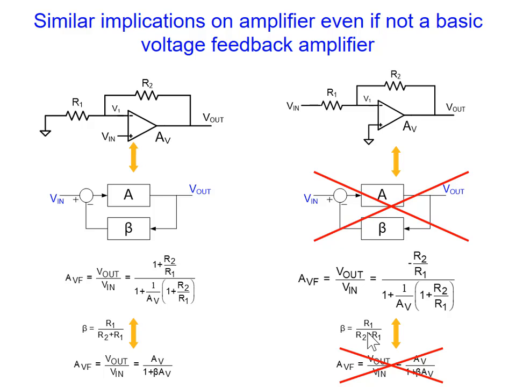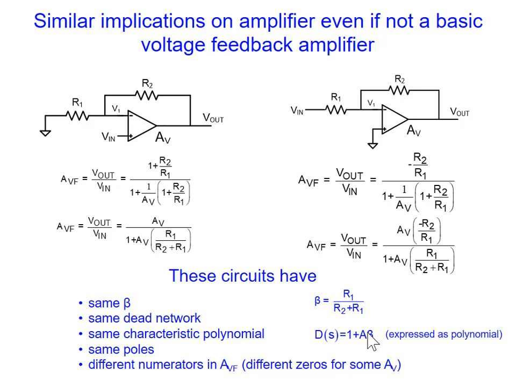Notice that the denominator polynomials of these two amplifiers are the same. Well, the reason they're the same is the networks are the same. And the denominator polynomials determine the poles. These circuits have the same beta, the same dead network, the same characteristic polynomial, the same poles, but different zeros.